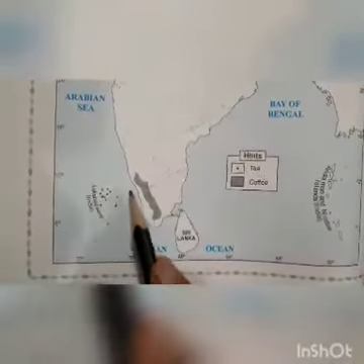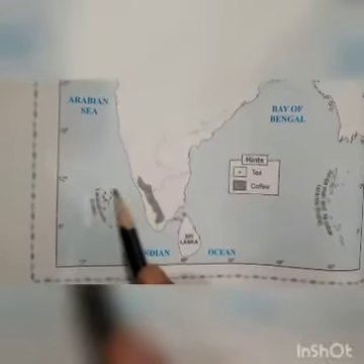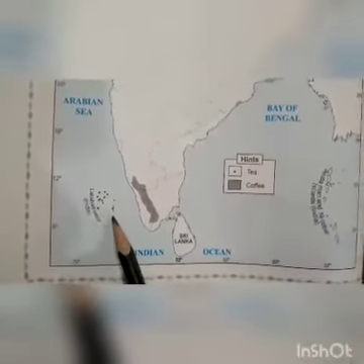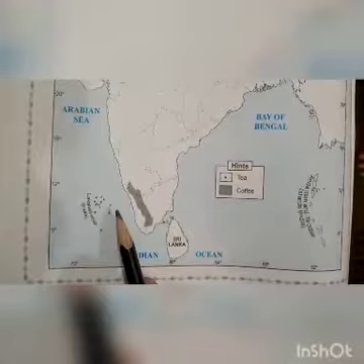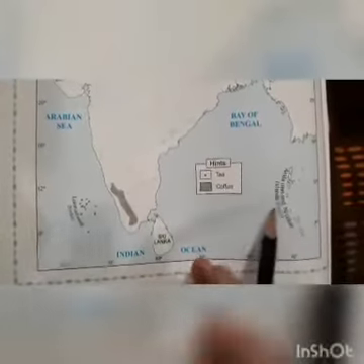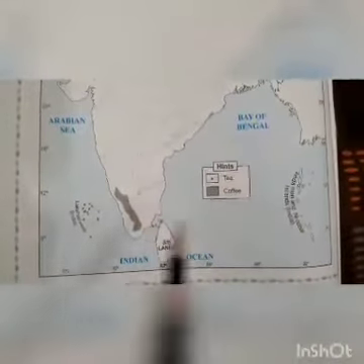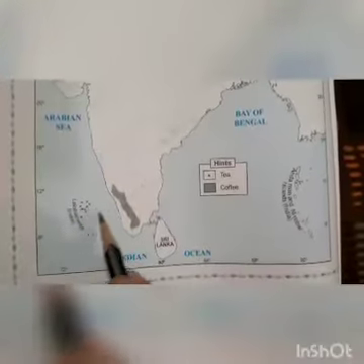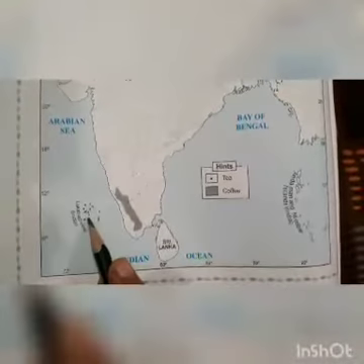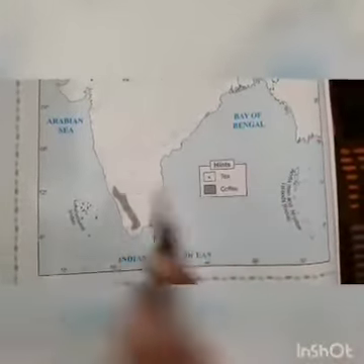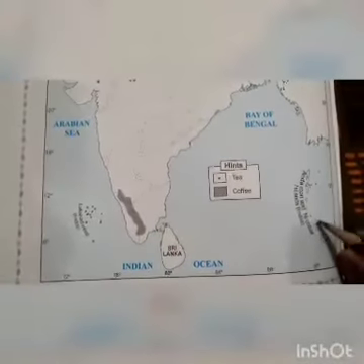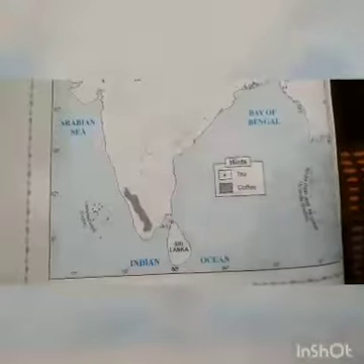So the island formed from the bones of very small animals is known as a coral island, right? So these islands are composed of small coral islands.